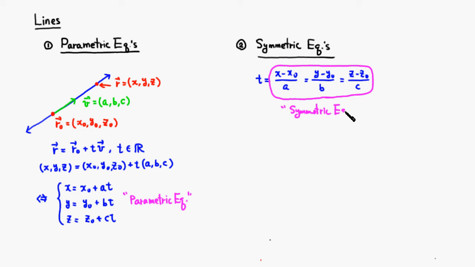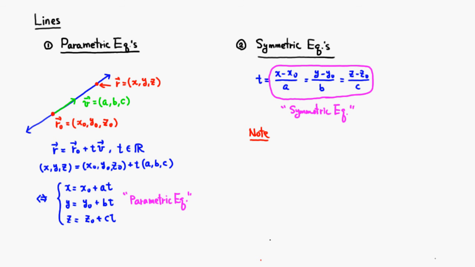So those are a couple of different ways to express the equation for the same line. Note that you can see a problem with this symmetric equation when one or some of the denominators are 0.